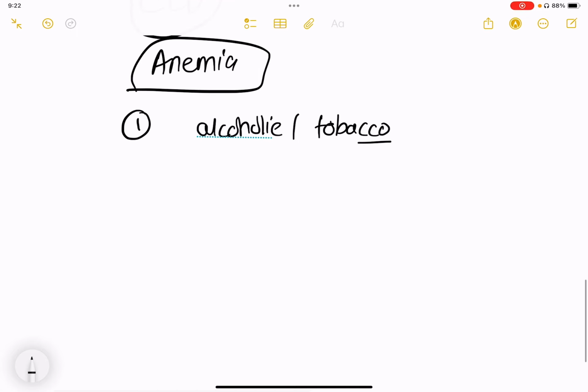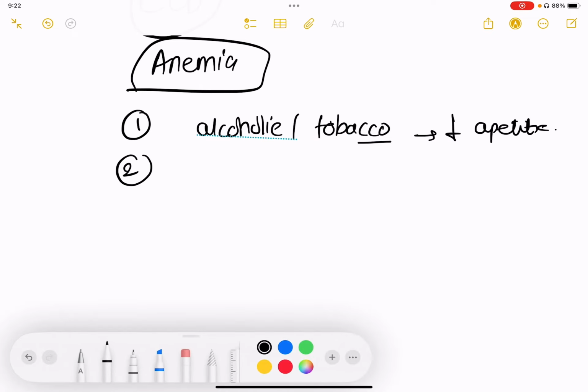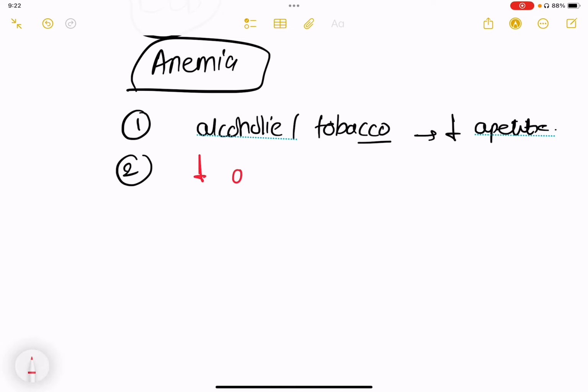So alcoholism and tobacco themselves reduce the appetite. These two bad addictions very commonly reduce the absorption of so many vital nutrients from the food. That is the reason why anemia can be very common.